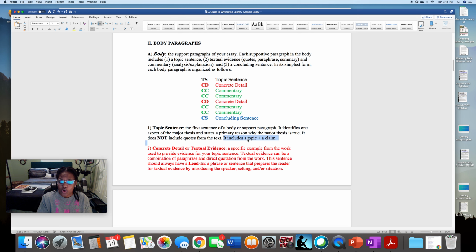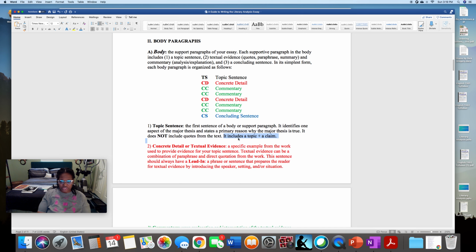You could say her stubborn nature, right? But you have to make a claim about her character. What does her character or her stubbornness show? The stubborn nature of Miss Emily reinforces Faulkner's idea that she is a relic of the past, right? So you have to make a claim about whatever topic you are about to discuss, right? That's what your topic sentence should entail.